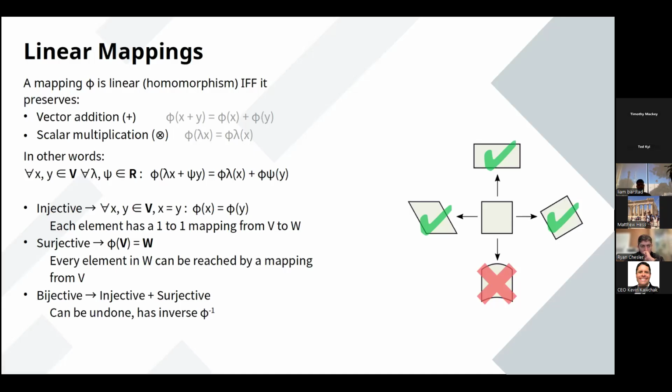Does it exist in one direction? Can you also create a linear mapping in the reverse direction? These are some of the properties that, as Liam keeps going, are going to connect this back to vector spaces.